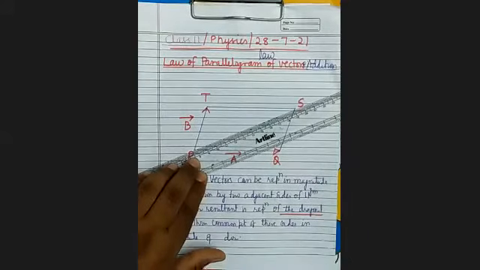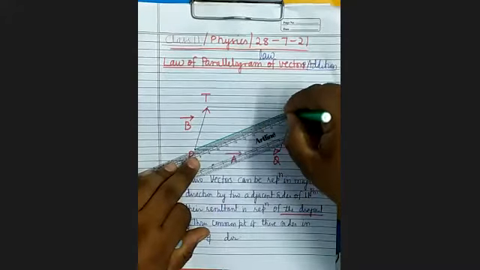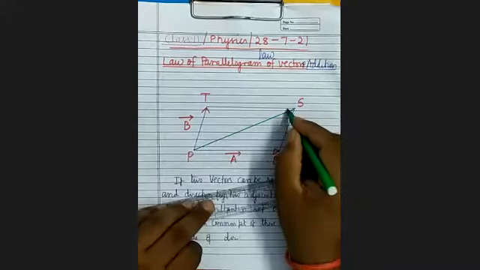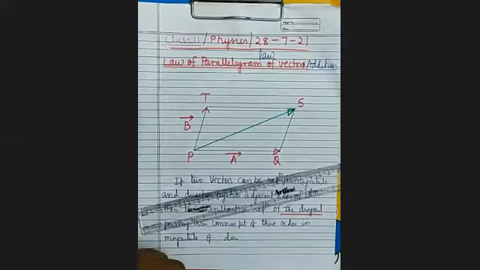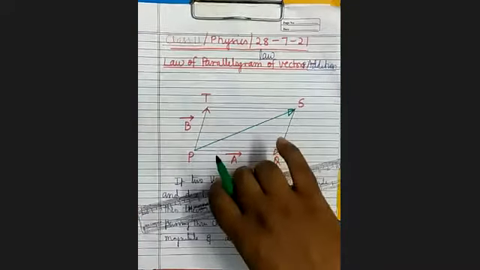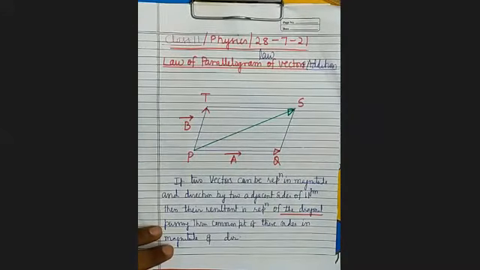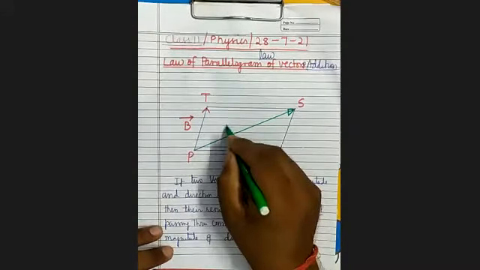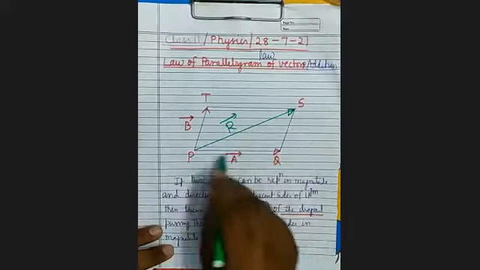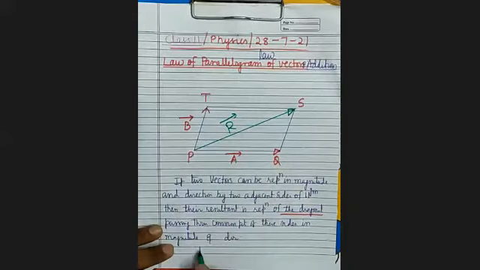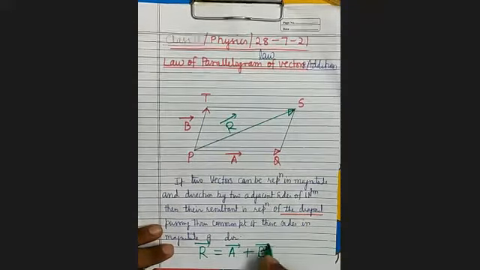You can see here, diagonal PS is passing through the common point of these two sides. Means the resultant vector R will be equal to vector A plus vector B.